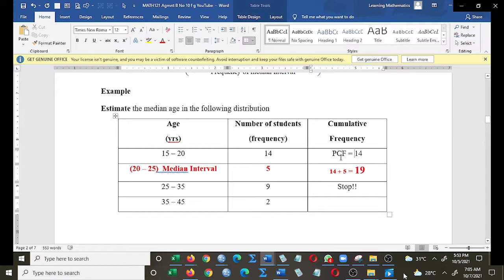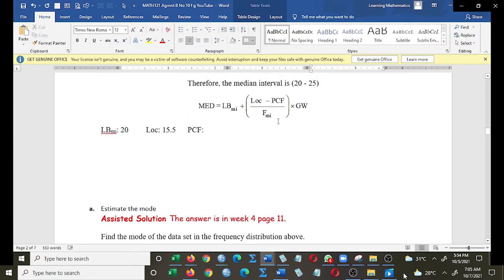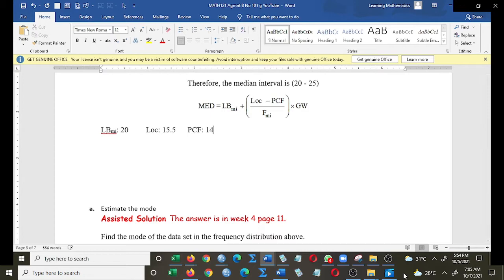You can write this down. So 14 is the previous cumulative frequency. It is just before we stop. So we stopped at 19. 14 is the previous cumulative frequency. So please take note of that. So that's 14.